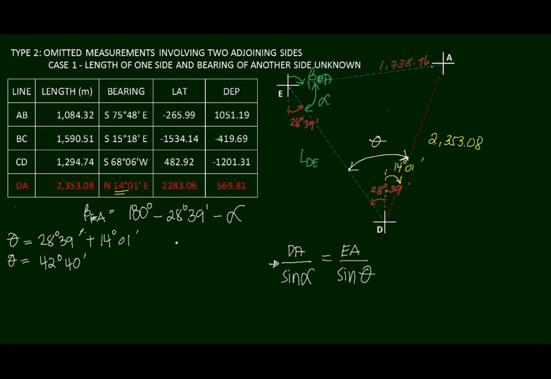That is DA. Again, lilipat ko lang siya dito para may space ako. DA over sine alpha is equal to EA over sine theta.